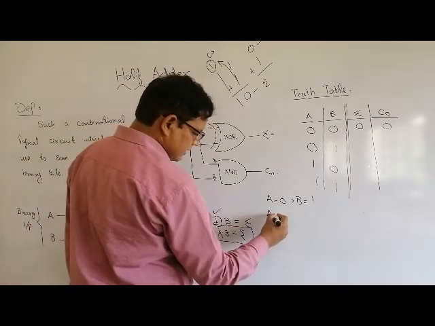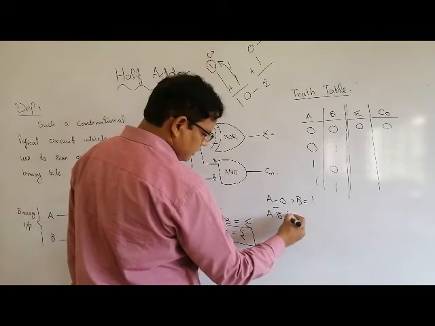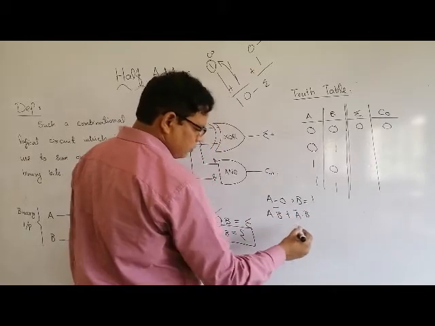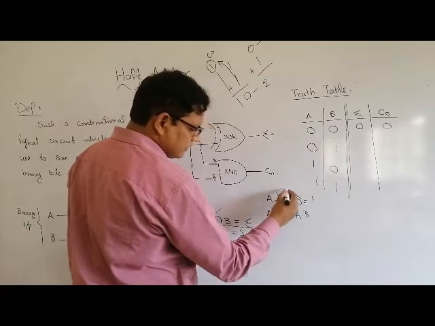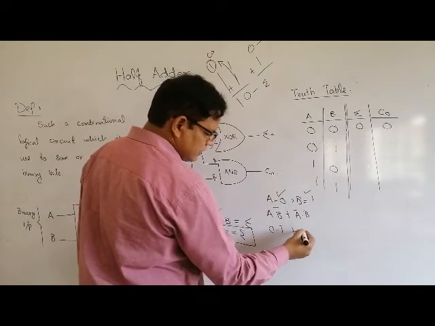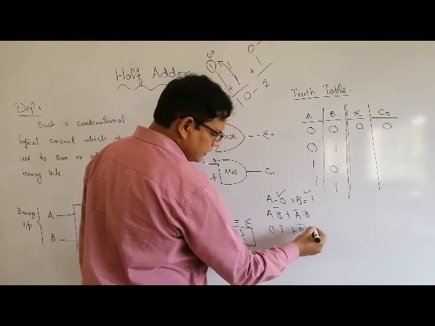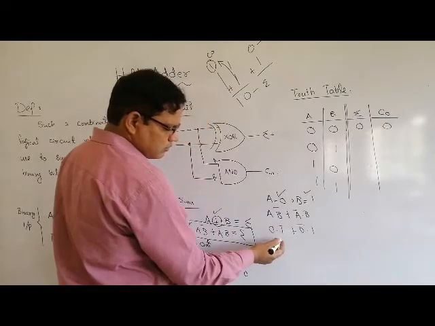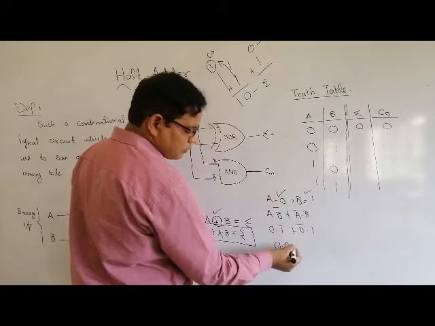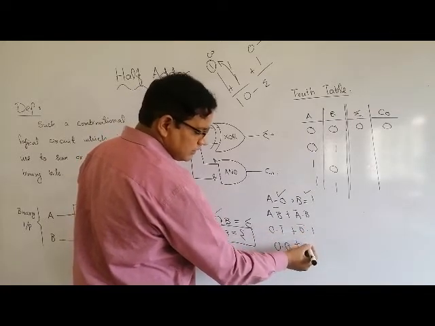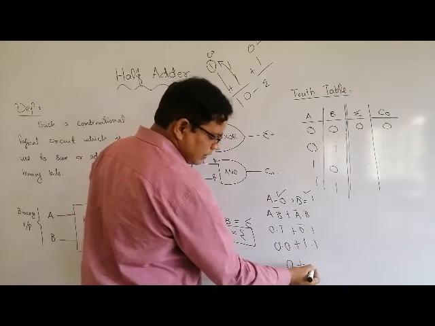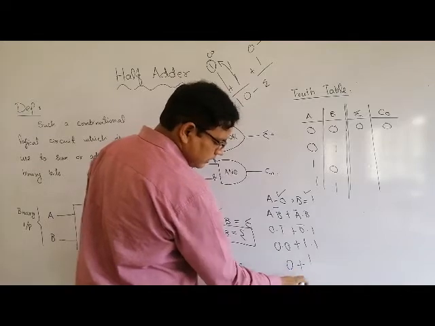The formula says A B complement plus A complement into B. Putting the values, 0 into 1 complement plus 0 complement into 1. The 1 complement will become 0, and 0 complement means 1, into 1. 0 multiplied by 0 is 0, 1 multiplied by 1 is 1. So 0 plus 1 means 1.